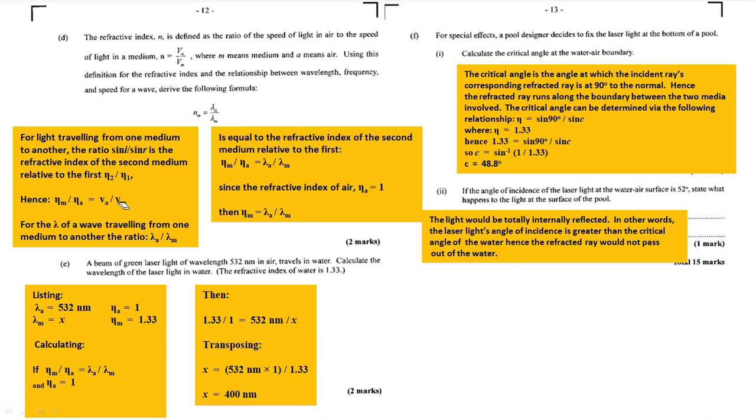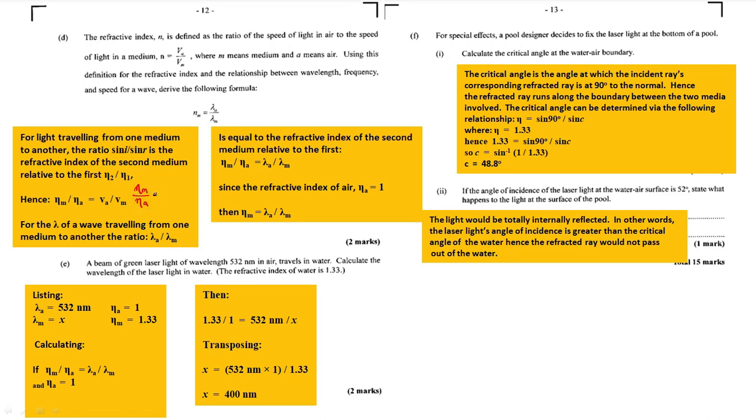So in this case we have, let me write it. We have here n, the refractive index of the medium, could be like glass, and then the refractive index of light in air.